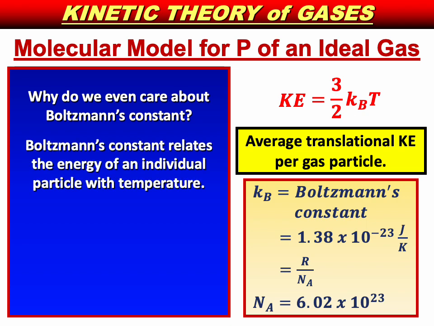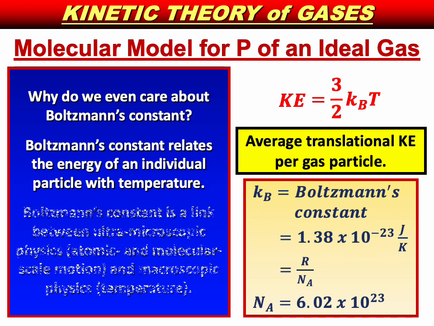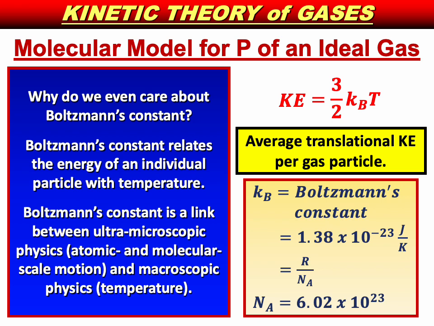So it links the energy of one little particle, so one atom or one tiny little molecule. So this is something that's at the way, way, way tiny scale, and it links that to something we can directly observe, temperature. So this is important because it gives this connection between what we really can't observe directly, certainly not easily, and something we can easily measure with a cheap piece of equipment.